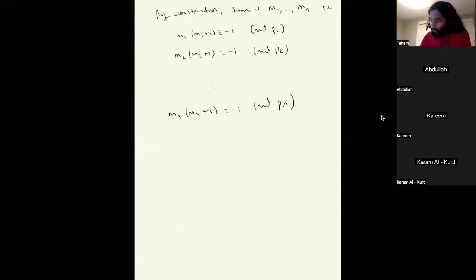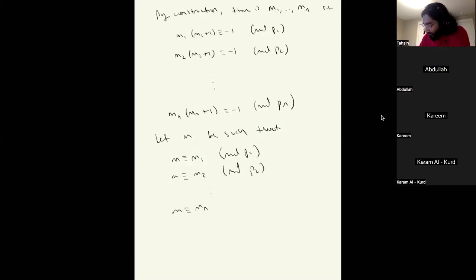Okay, so what do we say? We say let m be such that m is congruent to m1 mod p1, m is congruent to m2 mod p2, and so on until m is congruent to mn mod pn. Okay, then m times m plus 1 is congruent to -1 mod pk for all k.